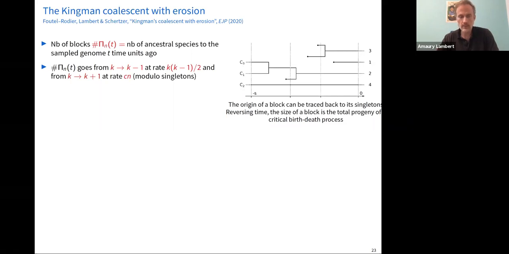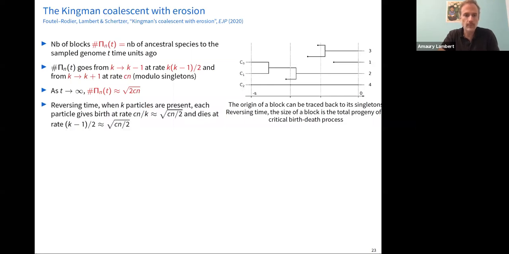That's for coalescences. And each time you have an erosion, you add 1 to the number of blocks. So it goes from k to k plus 1 at rate equal to C times the number of integers which are not already in the form of a singleton. But if we neglect these, say it's Cn, and when you equate the two rates, you find that the number of blocks is of the order of square root of n. It's actually square root of 2Cn.